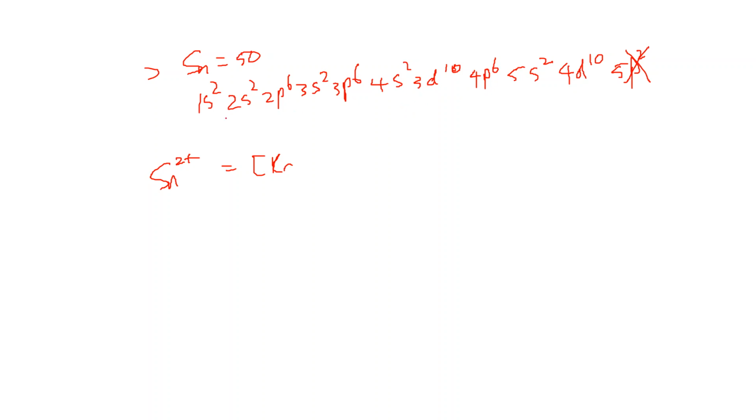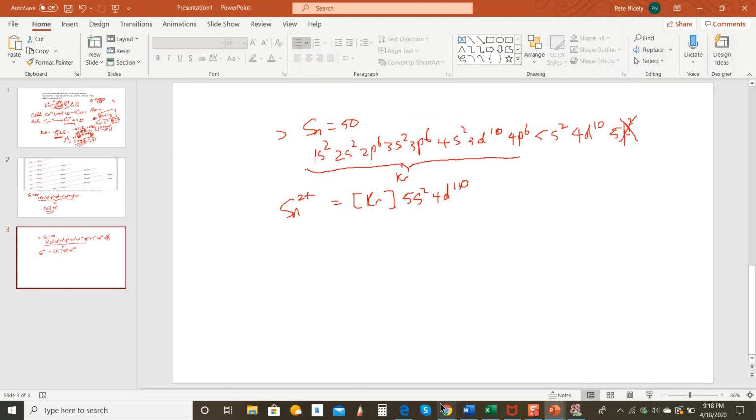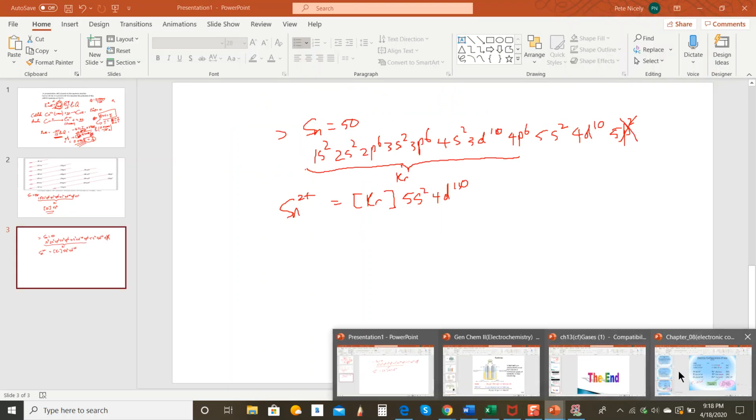So all of this right here will be krypton. And then you have 5s2, 4d10. So this would be the electronic configuration of the tin 2 plus ion. Okay, so keep that. Go back to my slide here.